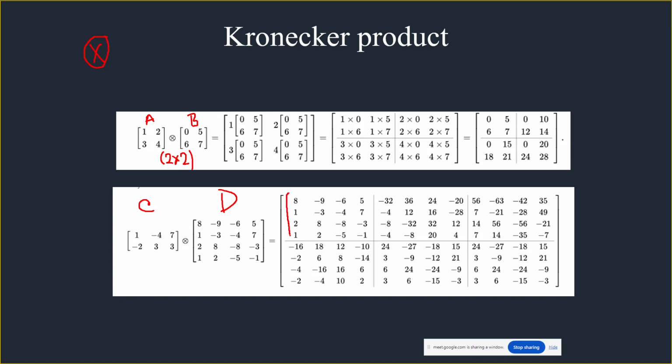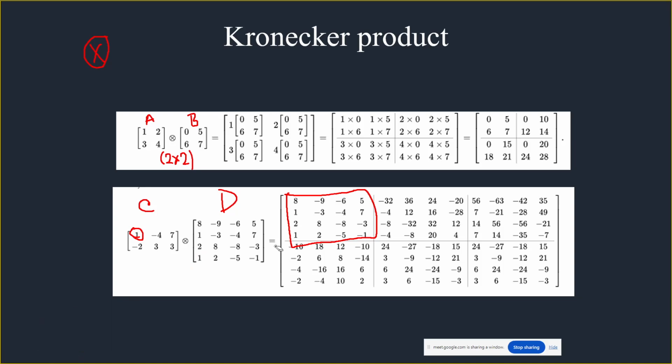This quadrant, or this part, belongs to 1. 1 multiplied by 8, we got 8. 1 multiplied by minus 9, minus 9. We can all see how it is done here.